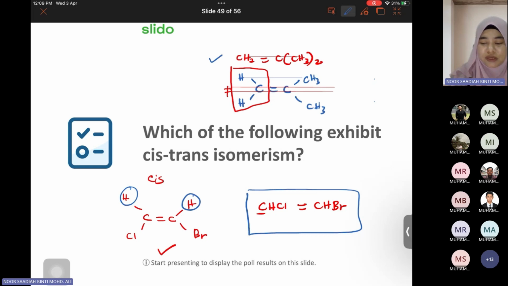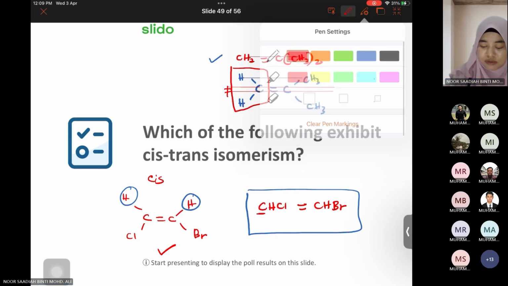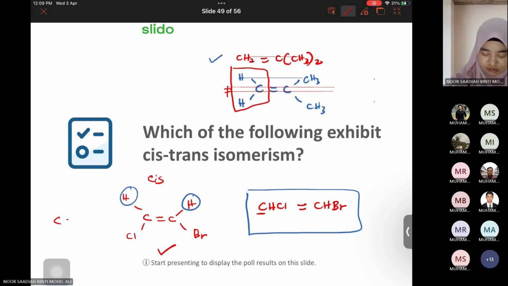So how do we get trans? Different orientation of H. You can swap the position. It's up to you whether you want to swap the position of these two groups at the first carbon here, or swap these two. But you have to swap only one carbon double bond carbon to be rotated.